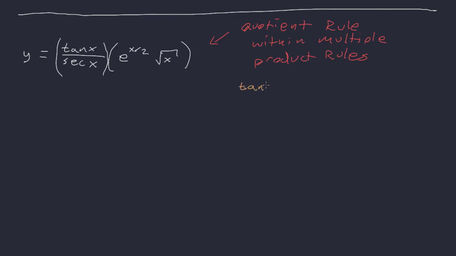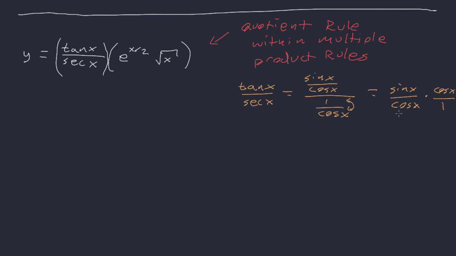So over here, tangent of x over secant of x, well, if we remember that tangent of x is sine of x over cosine of x, and secant of x is 1 over cosine of x. When we divide these two fractions, we're going to invert and multiply and get sine of x over cosine of x, and then when we invert this, we'll have cosine of x over 1.